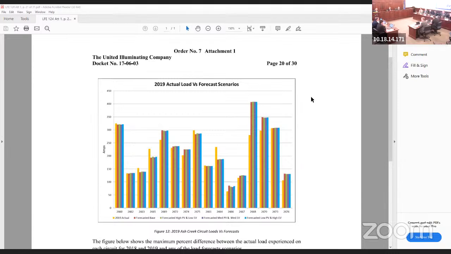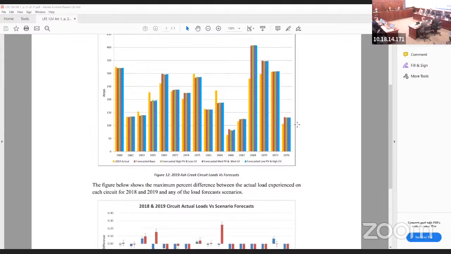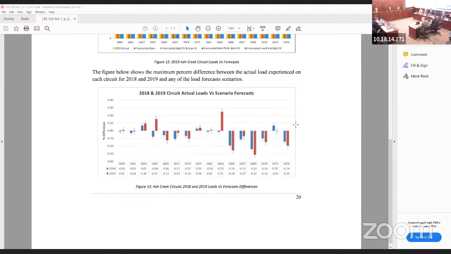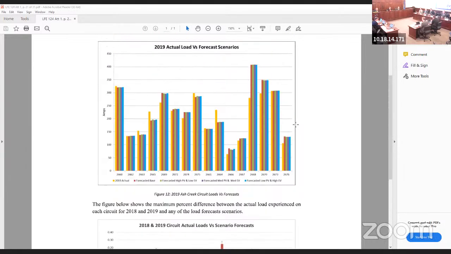Okay, thank you. And I'd like to turn to page 21 of the attachment, to make sure we're all on the same page. It's 21 of 31 for the attachment, page 20 of 30 in the report. So these are the circuit level forecasts and actual load for 2019.